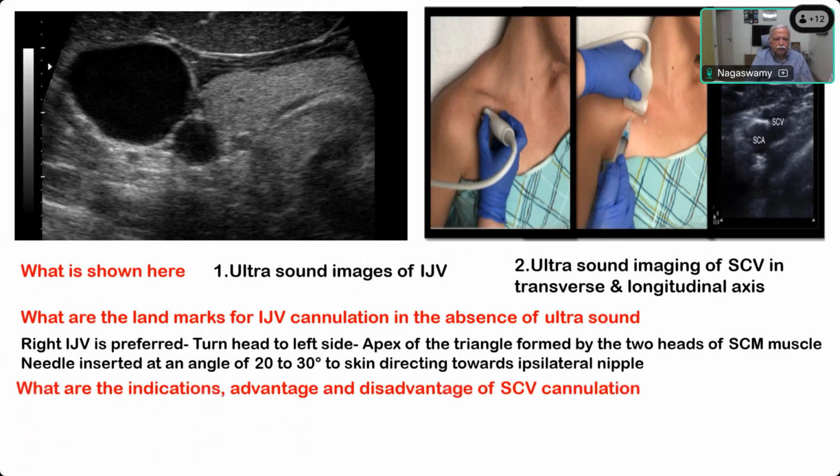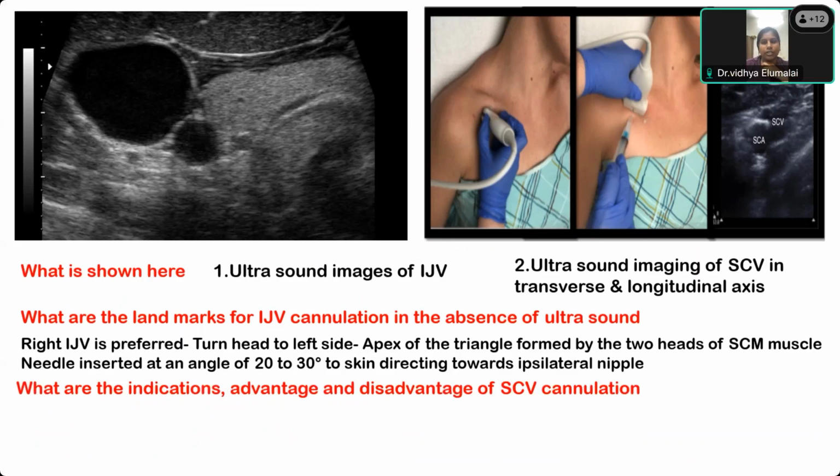What are the indications, advantages, and disadvantages of subclavian vein cannulation? Indications: patients with neck burns, neck contracture, and surgery in the neck.